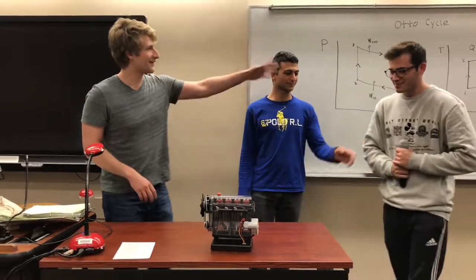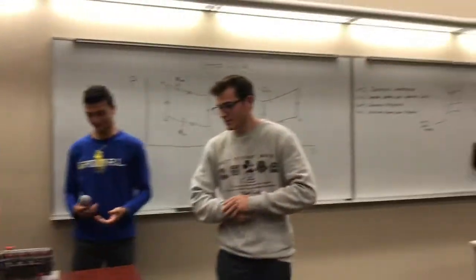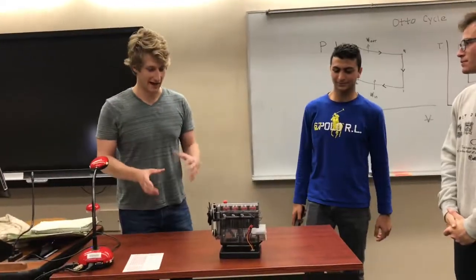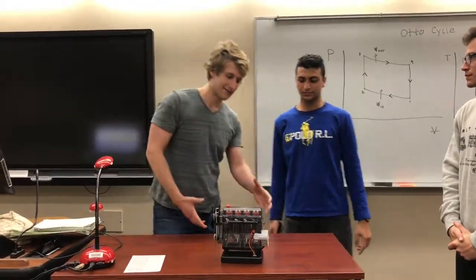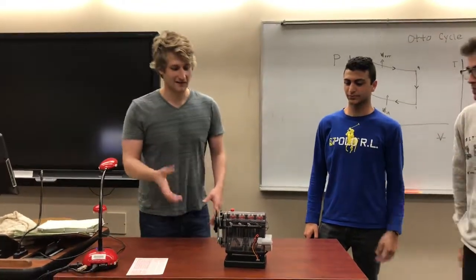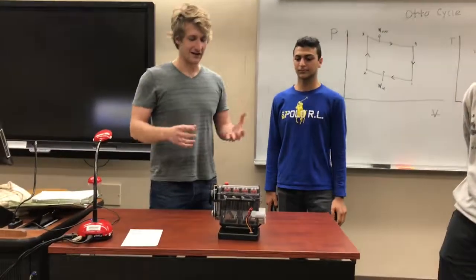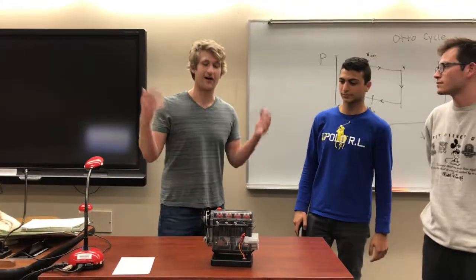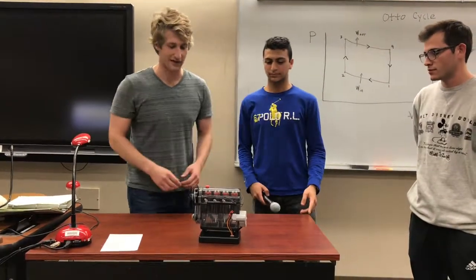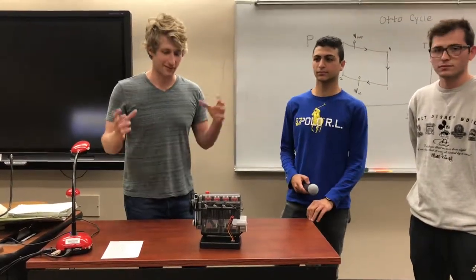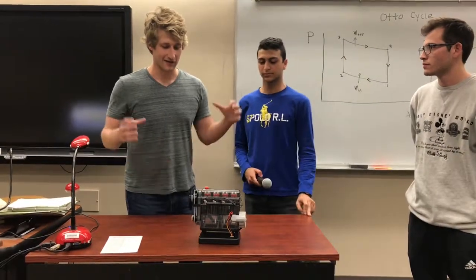In addition, plugging into charts and looking at equations, it's really easy to lose sight of what's actually going on. So by completing this model, we were able to see the compression, the expansion, how the combustion would actually happen and how all the parts lined up and would work together. So not just a model for the cycle, but how it actually all gets put together.